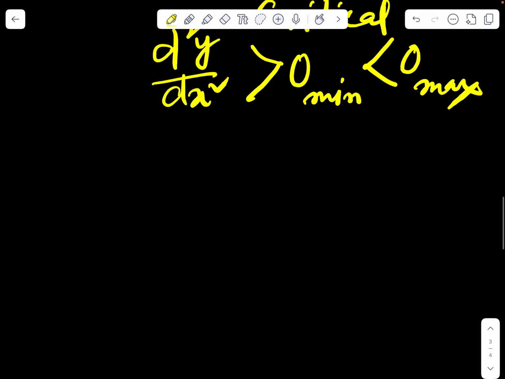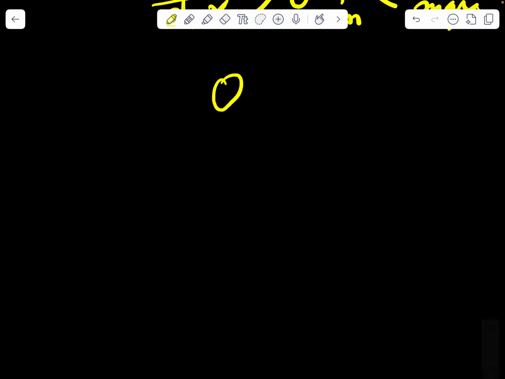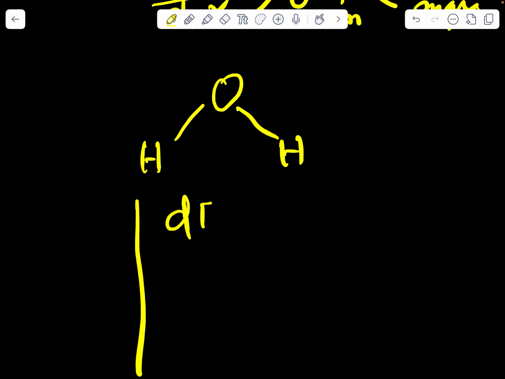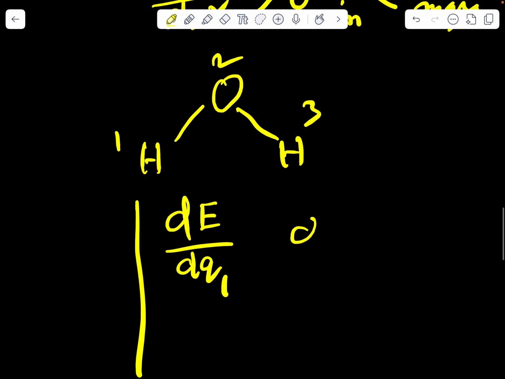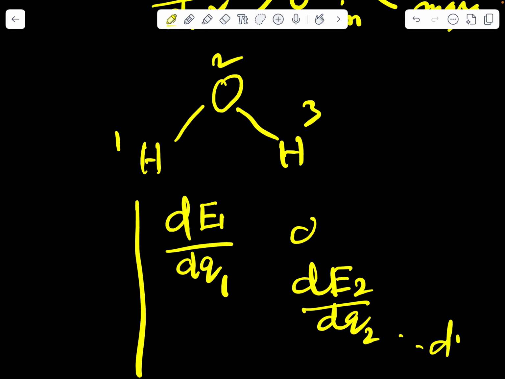So for this, in quantum chemical calculation, if you have a molecule like water, it will create a matrix like derivative of energy with respect to nuclear coordinates. Suppose these are 1, 2, 3, nuclear coordinates q1, q2, q3. I'm just writing the diagonal elements: dE by dq1, dE by dq2, and this goes on to dE by dq3.